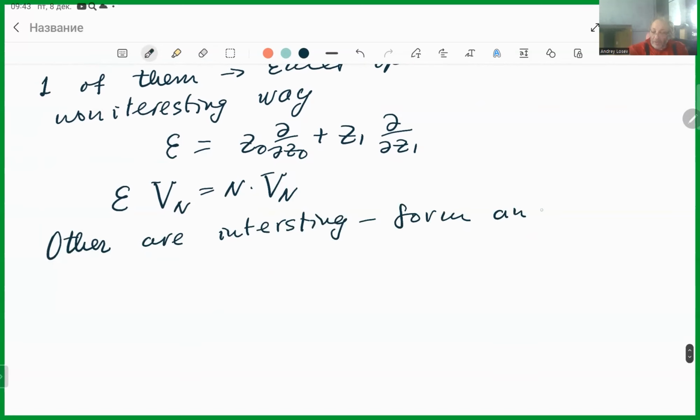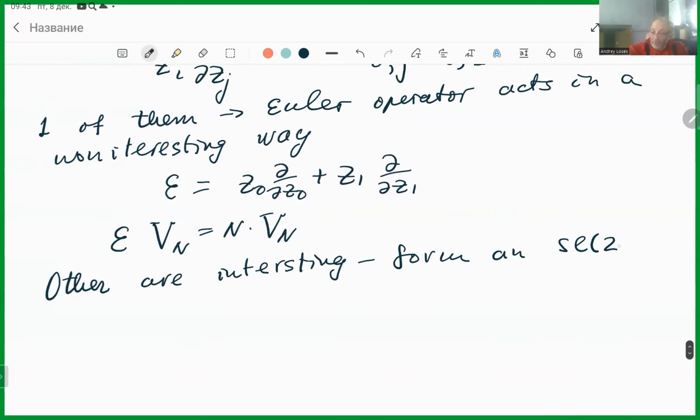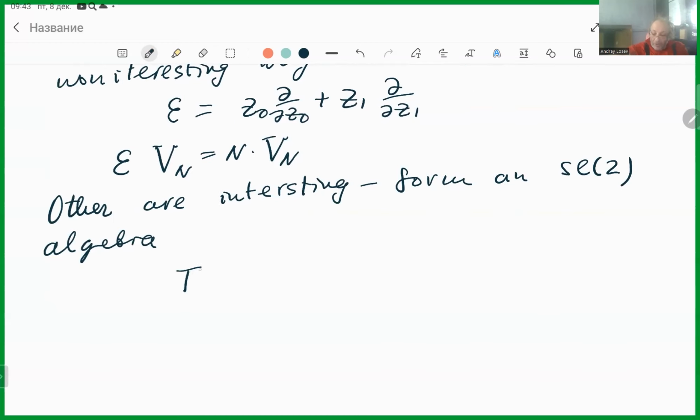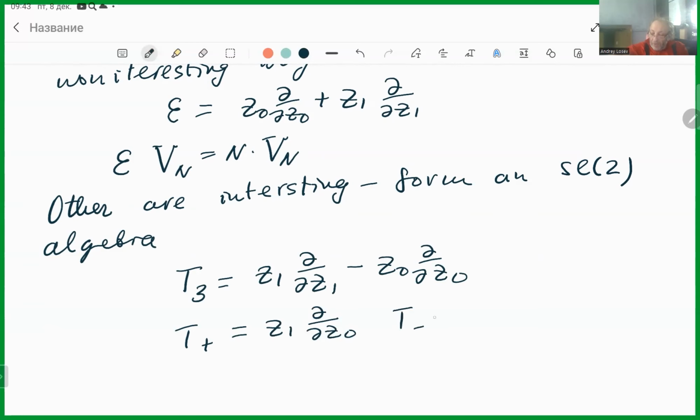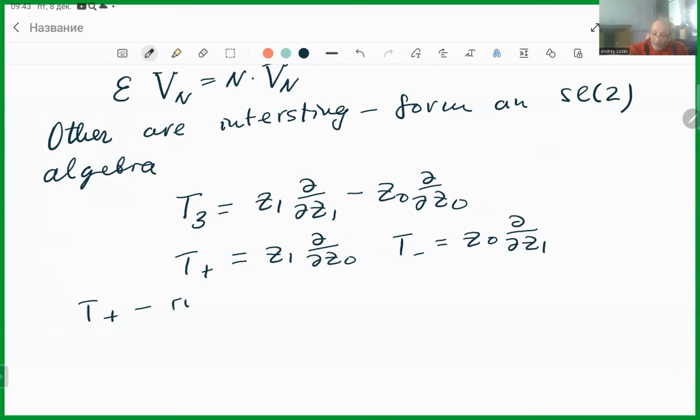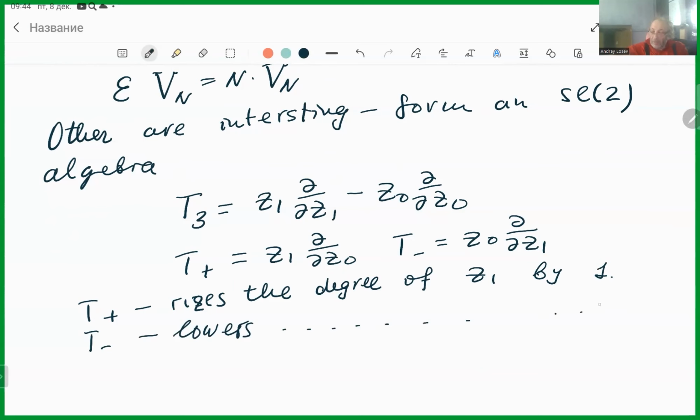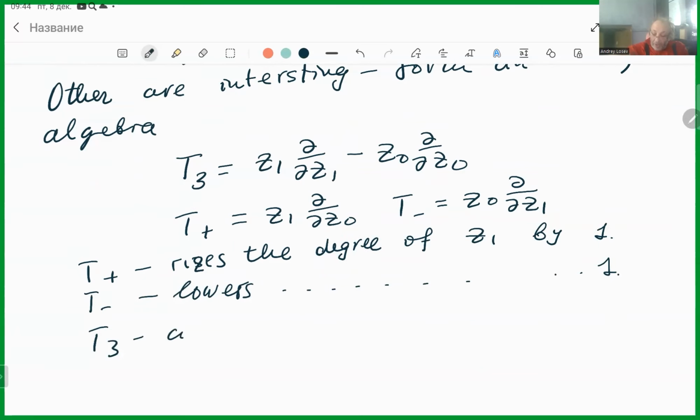They form an SL2 algebra. We will call them T3, T plus, and T minus. T plus raises the degree of z1 by 1, T minus lowers it by 1, T3 computes the difference.